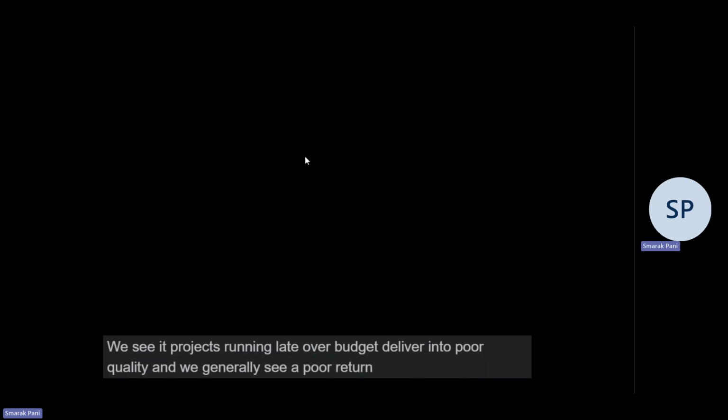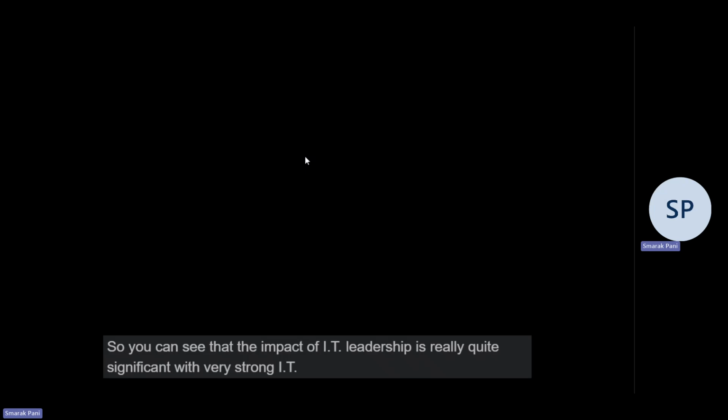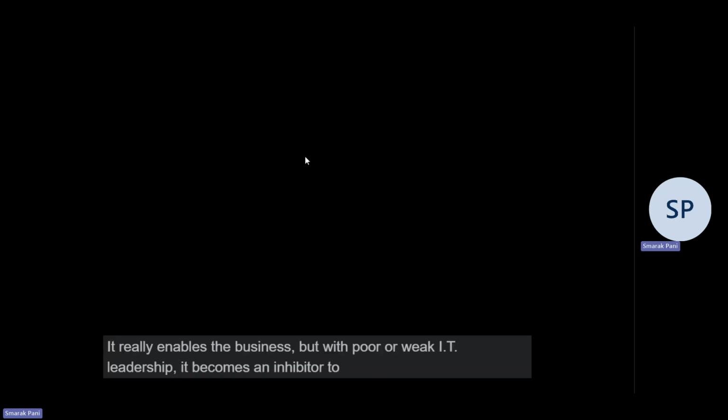We see IT projects running late, over budget, delivering poor quality, and we generally see a poor return on IT spending. So you can see that the impact of IT leadership is really quite significant. With very strong IT leadership, it really enables the business, but with poor or weak IT leadership, it becomes an inhibitor to the business.